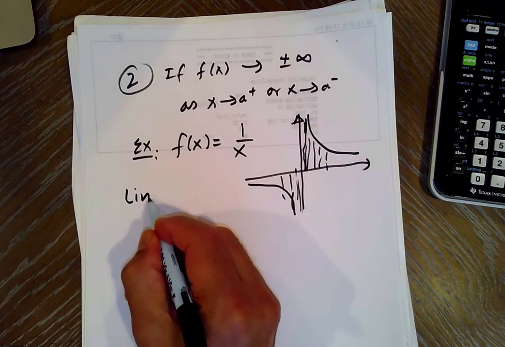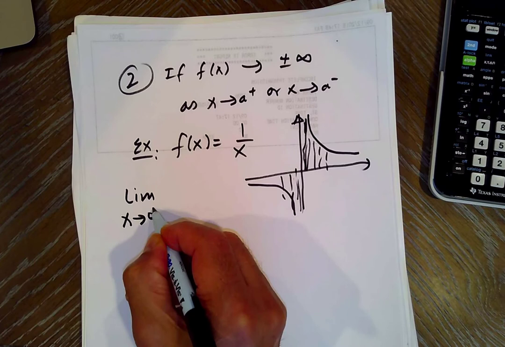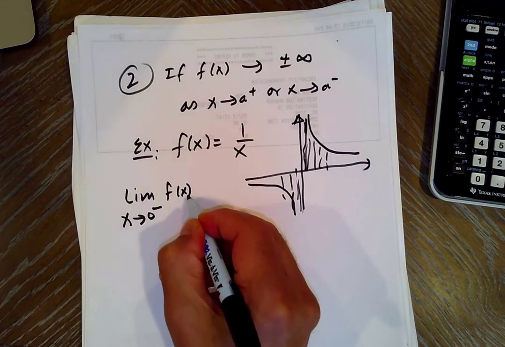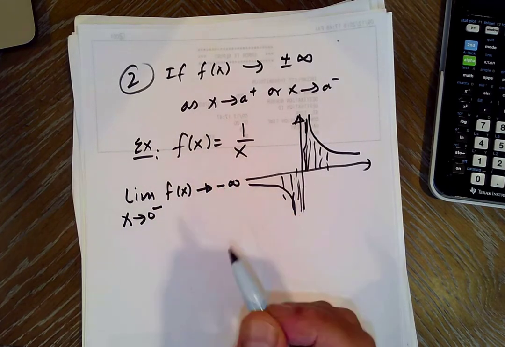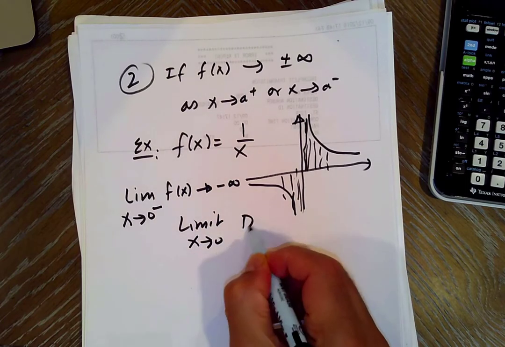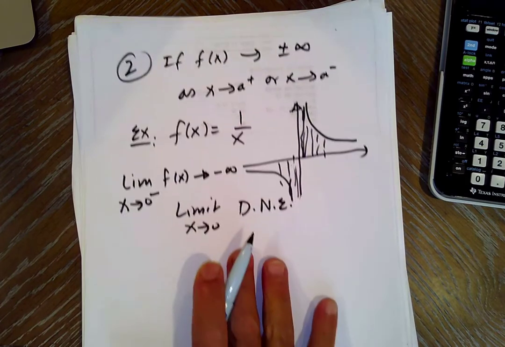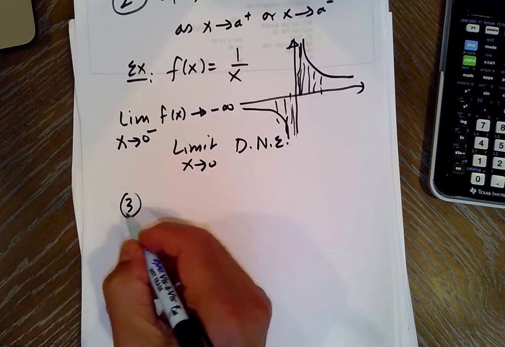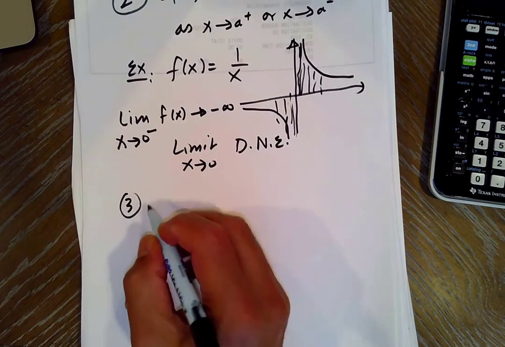One of them is enough. As x approaches 0 from the left, it goes to negative infinity. So we say the limit as x goes to 0 does not exist. And the third one is very uncommon, but it happens.